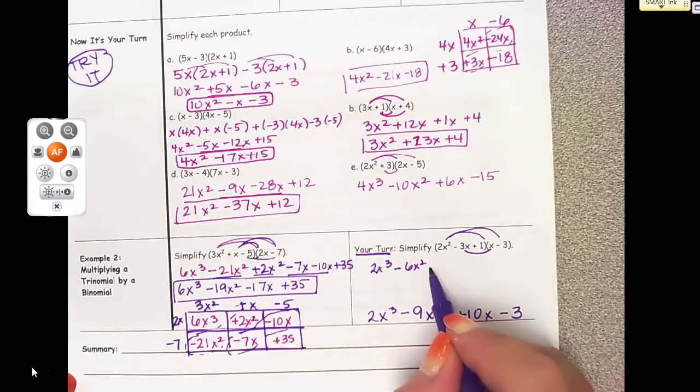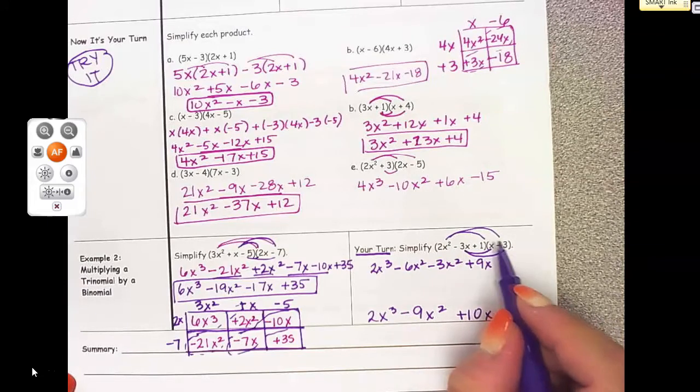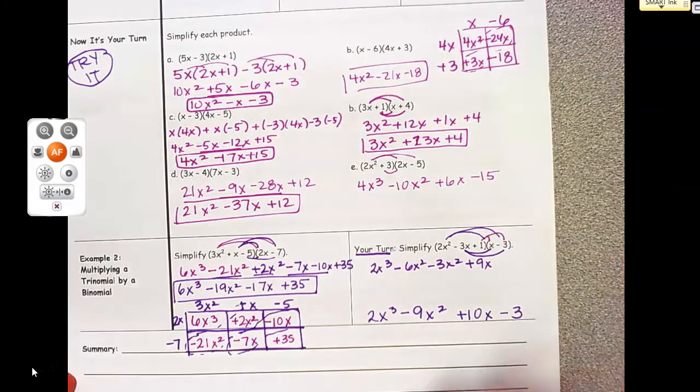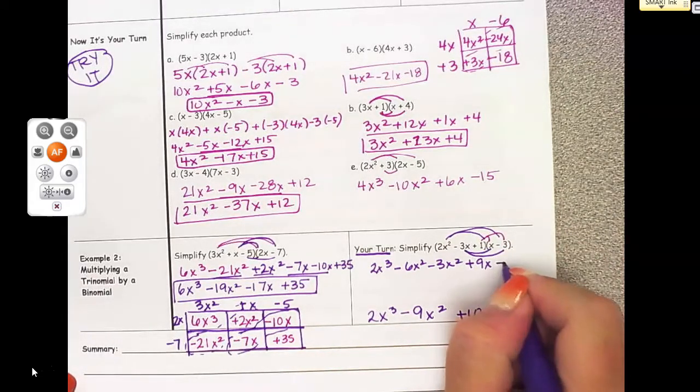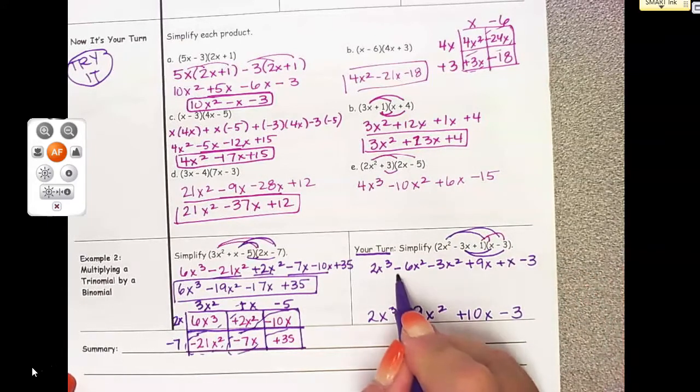Minus 3x times x is minus 3x squared. Minus 3x times minus 3 is plus 9x. And then I have my plus 1 times both items at the end. So plus 1 times x is plus x minus 3. So then I can combine my like terms.